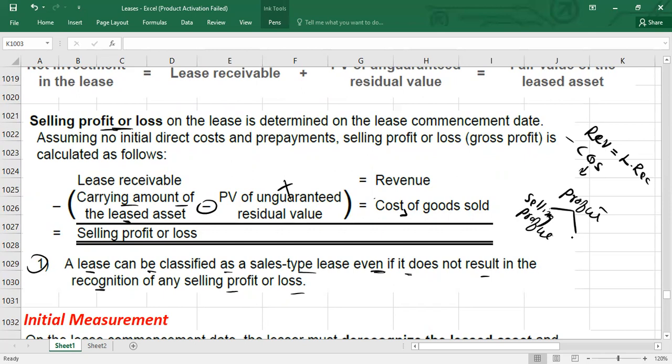And second is our interest revenue, which we will record over the lease term by using the effective interest method. So even if you don't have any selling profit, maybe because revenue is equal to cost of goods sold, this lease could still be classified as a sale type lease.